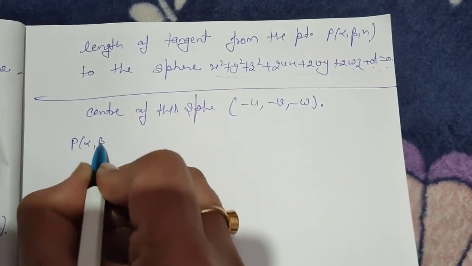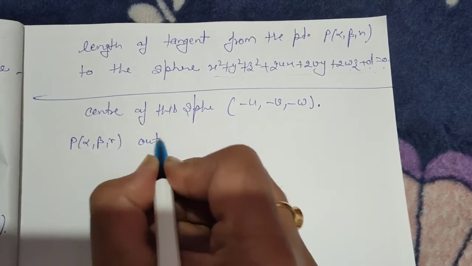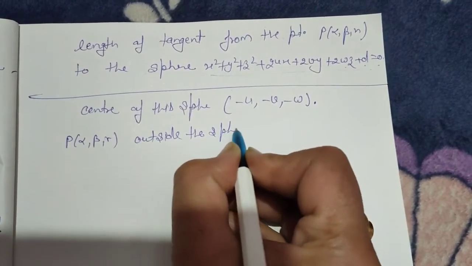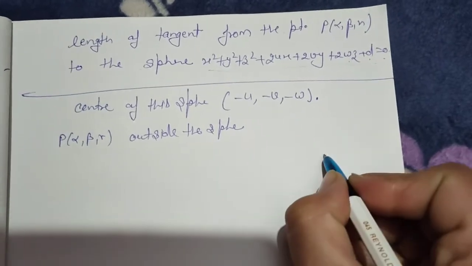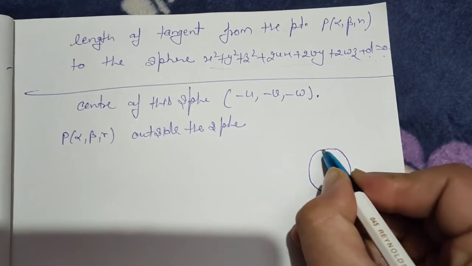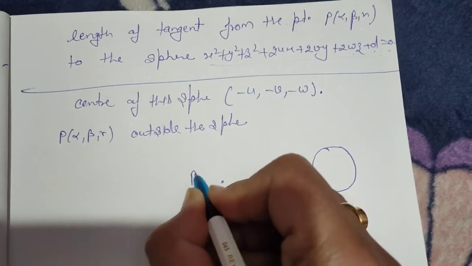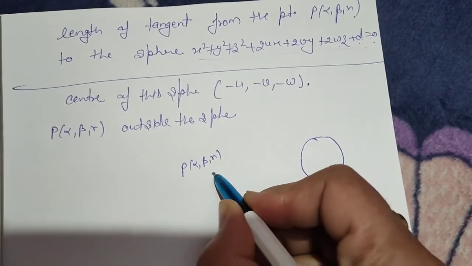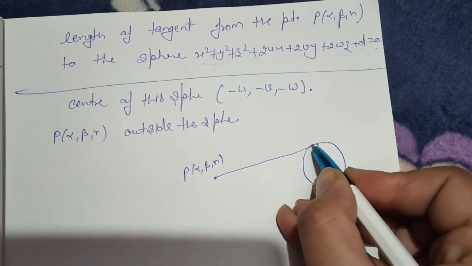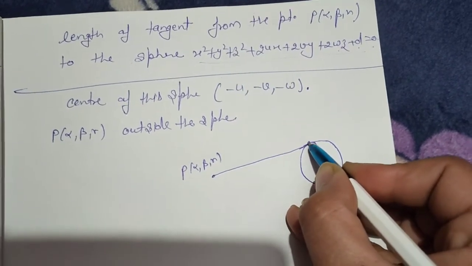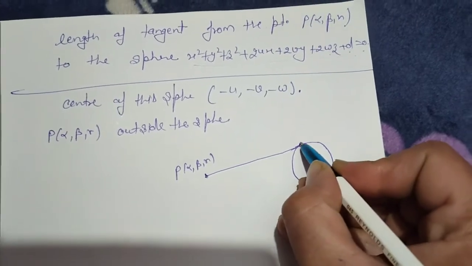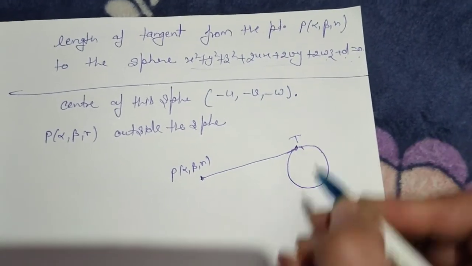P is the point outside the sphere. We find out the length of the tangent line which touches the sphere at a single point, from outside the sphere. We find out this length PT.